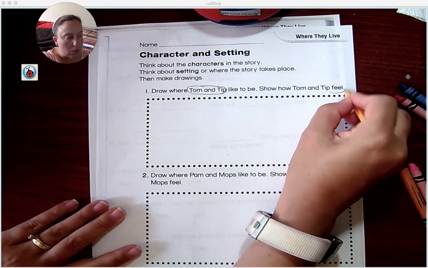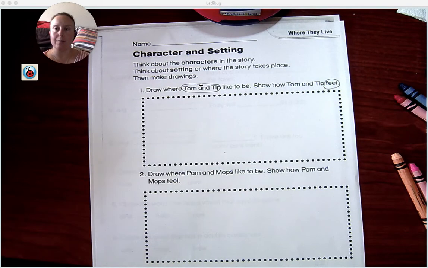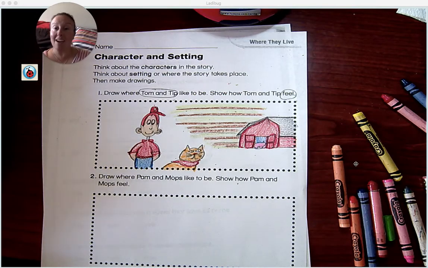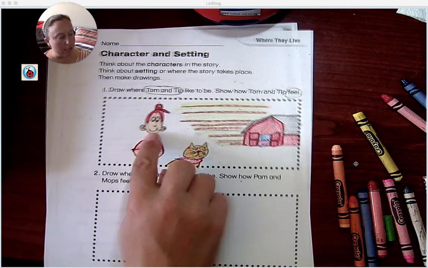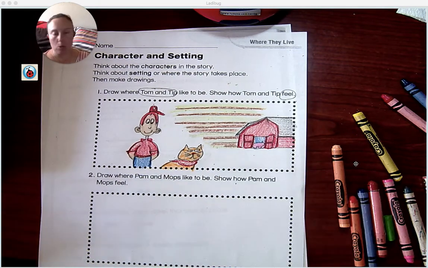And don't forget to draw how they feel. Ta-da! Okay, so here are Tom and Tip. You can see how they are feeling, and they like to live in the setting of a farm or the country setting. So that's where I drew them.